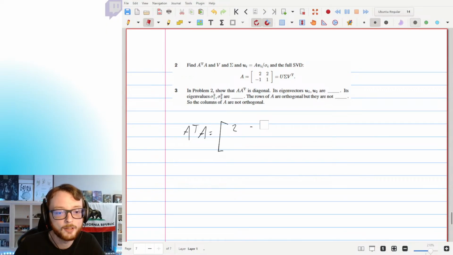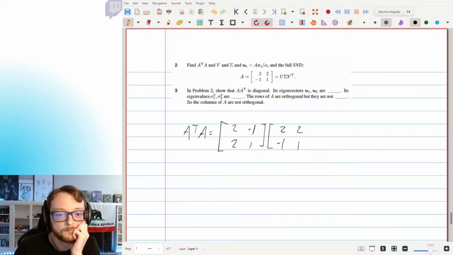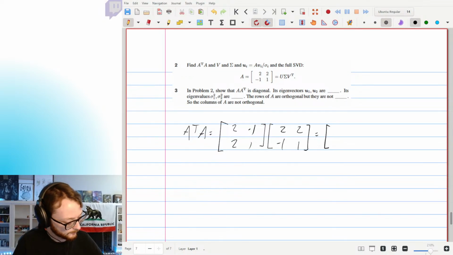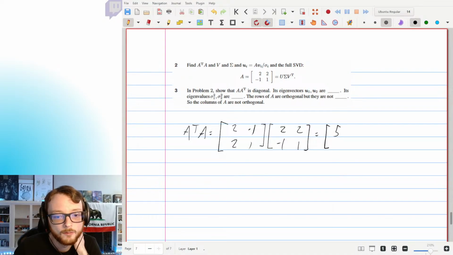That's A, not A transpose. Good. Now we multiply 5, 3, 3, 5.